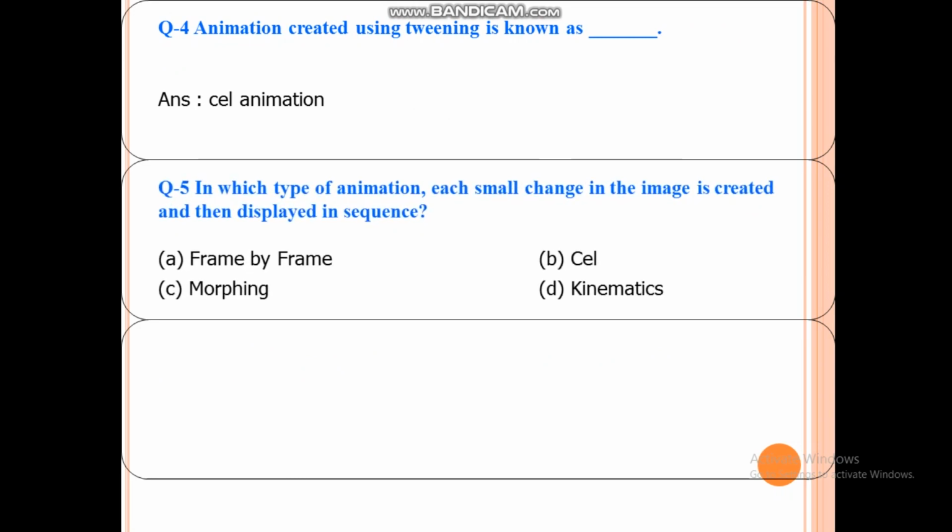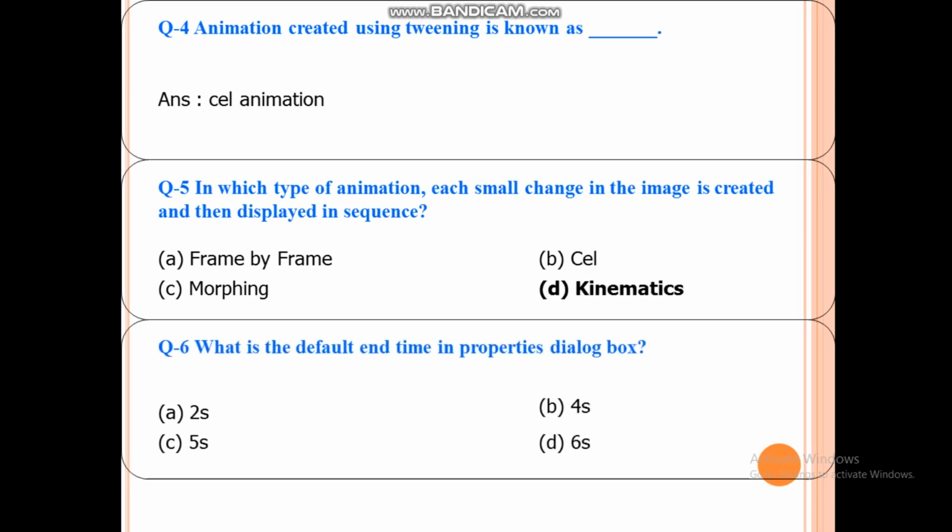Now 4 options are also there in the question. In which type of animation each small change in the image is created and then displayed in sequence? Well, that is known as kinematics animation. Then what is the default end time in properties dialog box?